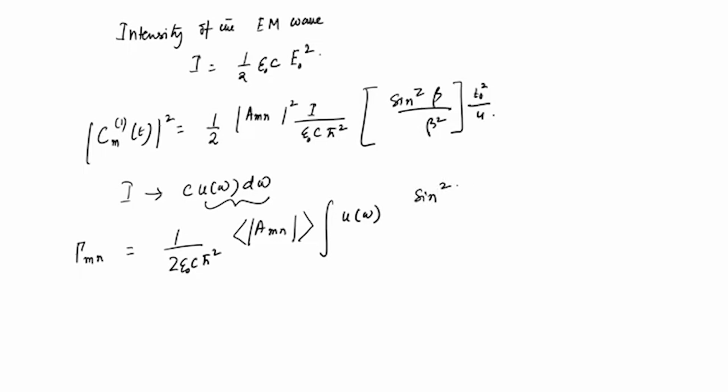I will not open this thing, I will still write it as sine square beta by beta square, and we have this T 0 square by 4 that is coming in, that can be pulled out, and then we have this d omega, and this is over all frequencies, from 0 to infinity. Okay.